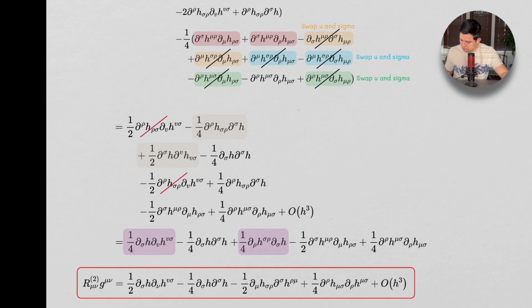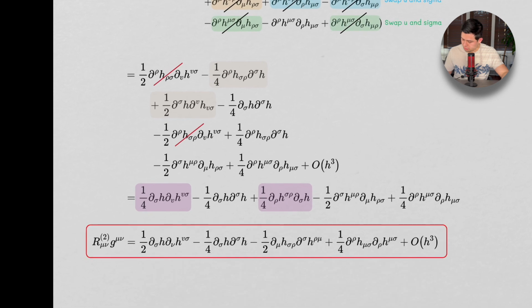And then these guys are going to cancel also when we take a look at those dummy variables. And then here and here, these two guys are actually going to add up, right? Well, not add, but one's 1/2, the other one's 1/4. And these guys are the same, right?